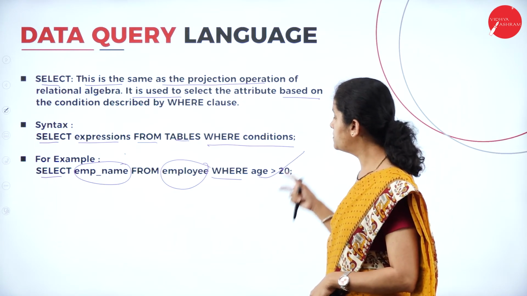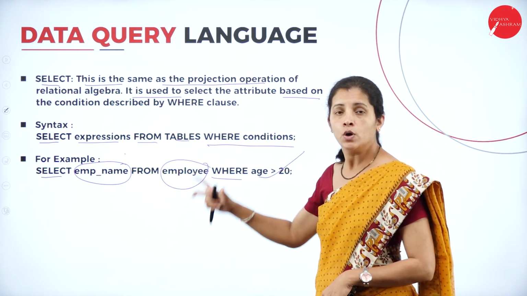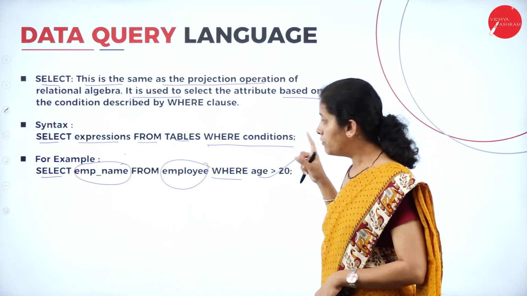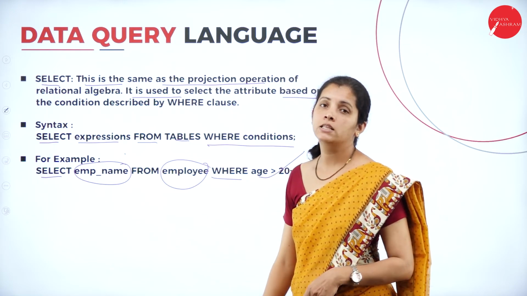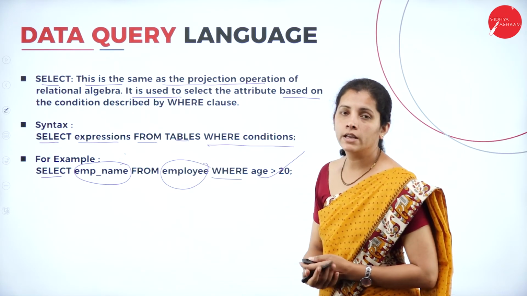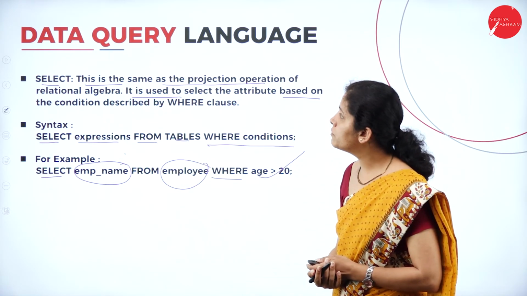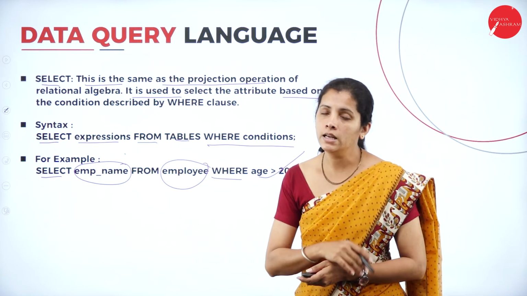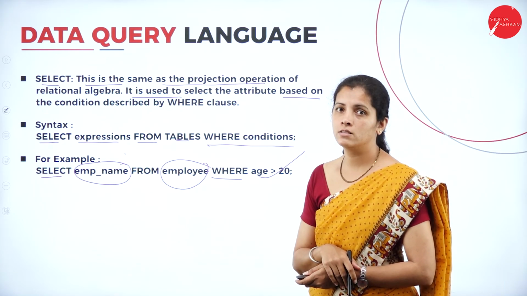I just want to display the employee name whose age is greater than 20. For that, I'm going to use the select statement in my SQL command. So this is the way I can use SQL commands in a database management system.